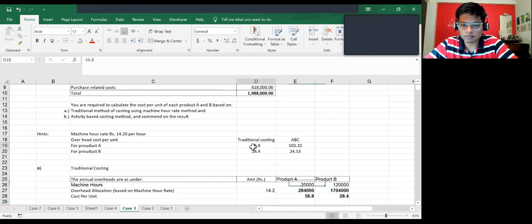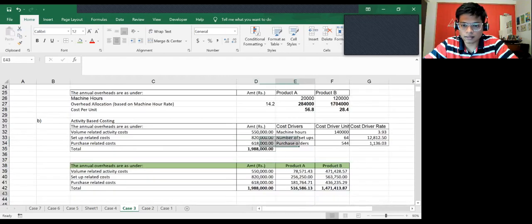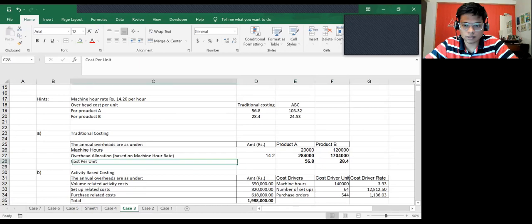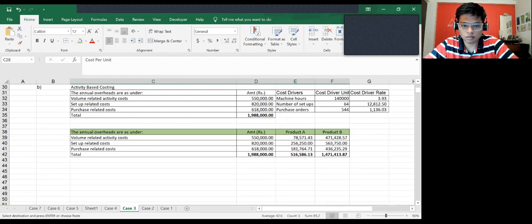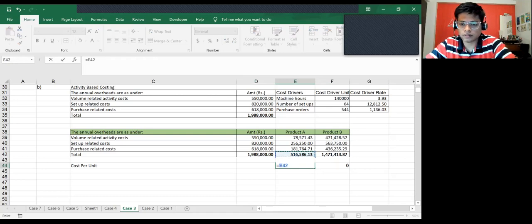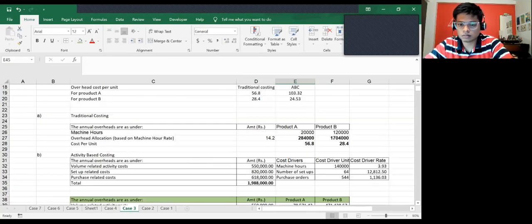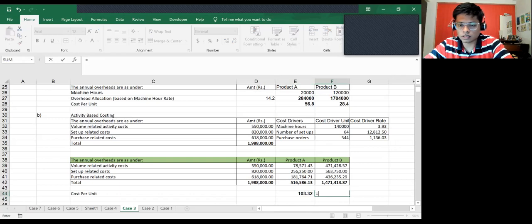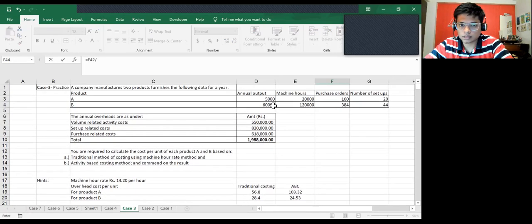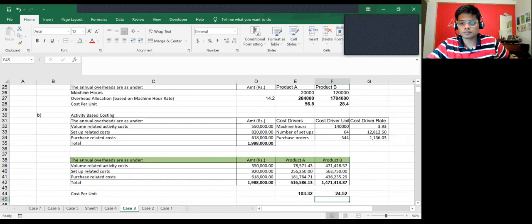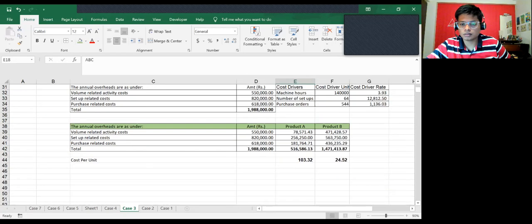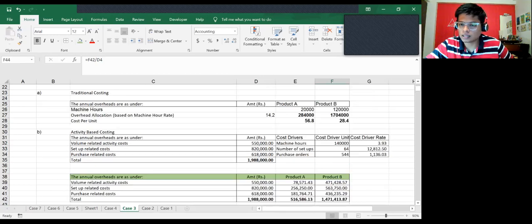You can see this is matching with my traditional costing. Here also, if I do the same thing, copy, paste, cost per unit will be this divided by 5,000, and this divided by 60,000. See, 1032, and there's a little bit of difference because of rounding off, but otherwise it's fine.